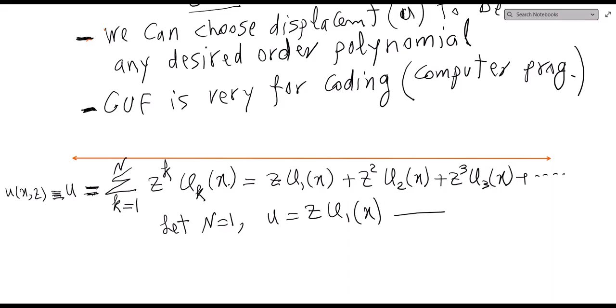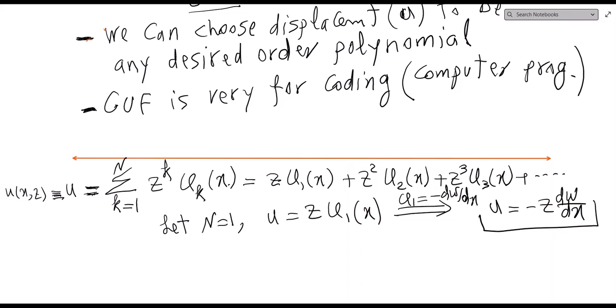And if my phi_1 is the slope at that point, therefore I get my u is minus z dw/dx. This should look familiar. This is Euler-Bernoulli beam theory.